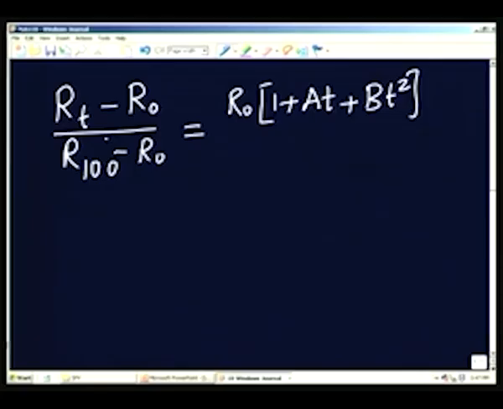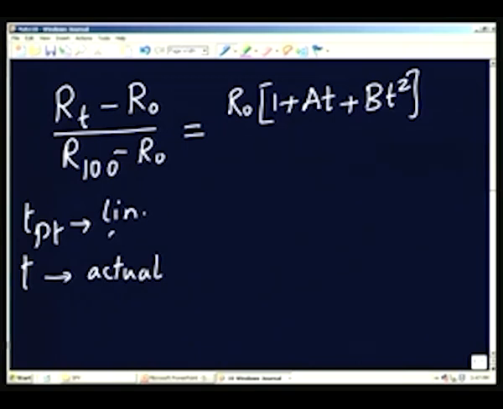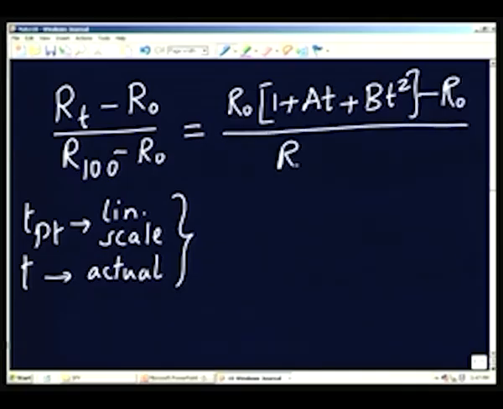So, when I say TPT, this is the platinum resistance temperature, T is the actual temperature, this is the temperature according to the linear scale, minus R naught divided by R100.